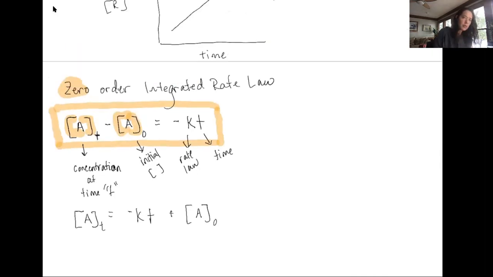Excuse me. Let's look at our first order rate law. Okay, so our first order rate law is equal to, so this is what my brain does. The first order graph is the natural log of the concentration versus time.